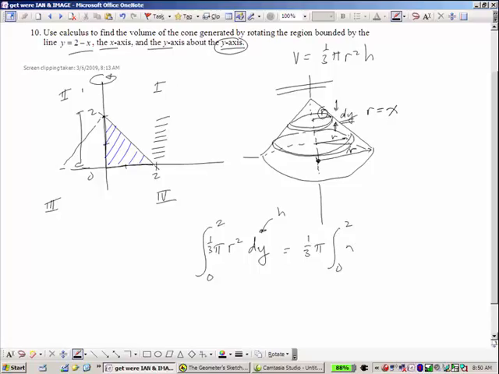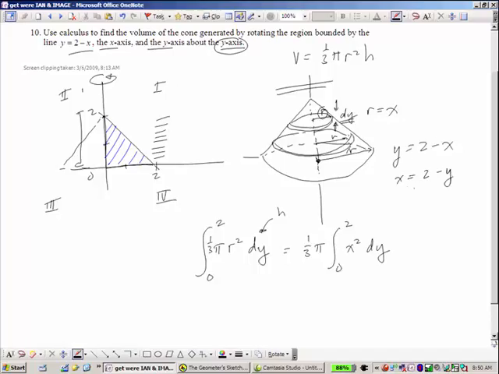So if I do x squared dy, well, that's not a help, is it? No, but do I know something about y and x? Do I have a relationship between the two? y equals 2 minus x, which means x is equal to 2 minus y or y minus 2? You add x to the other side to y.